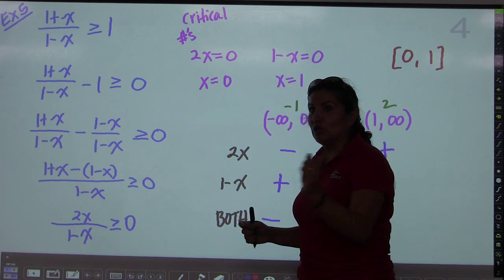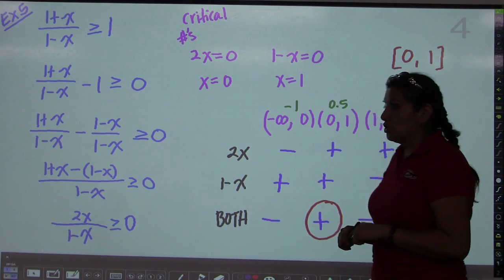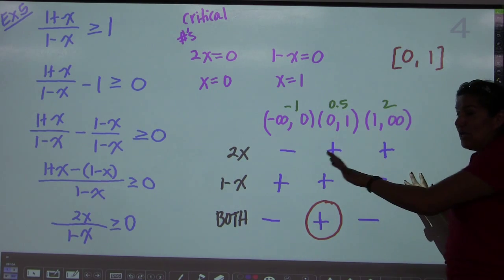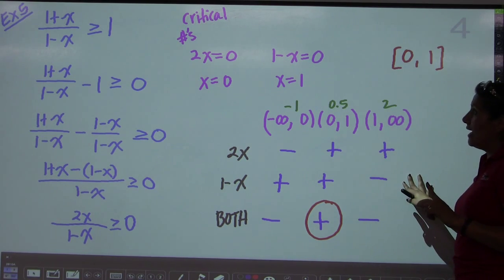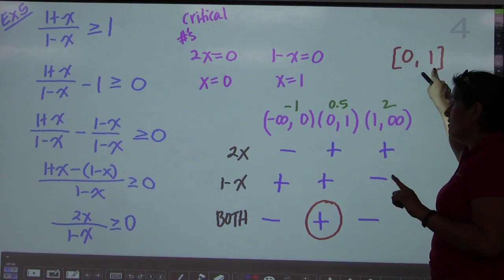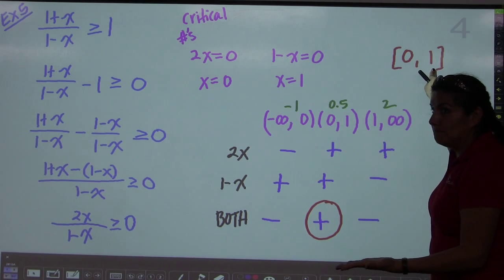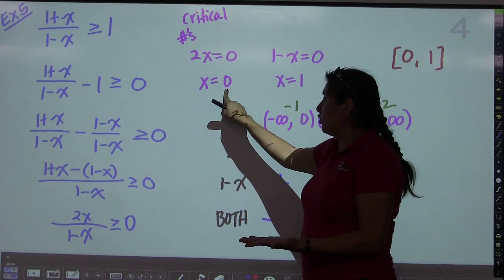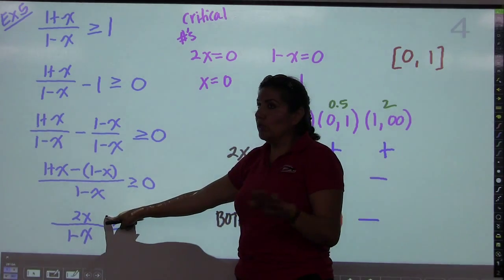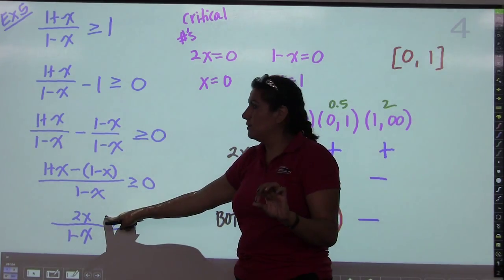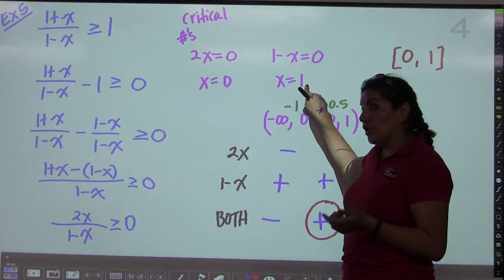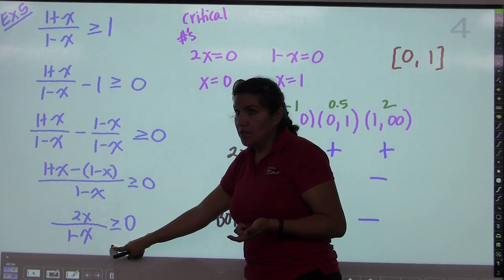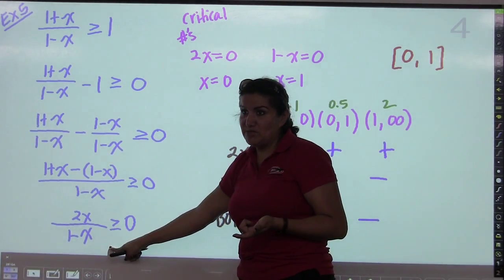So I threw an extra little curveball at you right there. So don't be crazy at the very end. Whenever you have a rational expression, double check at the very end that the numbers are not critical numbers from the bottom. See, the 0 is a critical number from the top. Totally okay. The 0 can be on top. The 1 is the critical number from the bottom. Can't have the 1 on the bottom because that would be division by 0.